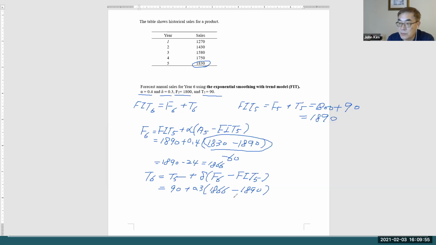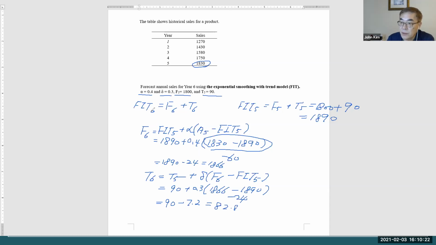So this part is negative 24 times 0.3, that will be 90 minus 7.2, equals 82.8.